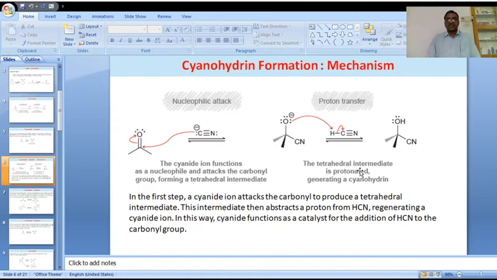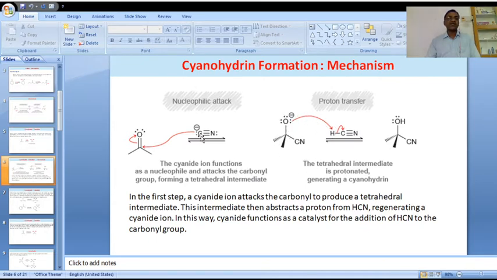Here please observe. In the first step, a cyanide ion attacks the carbonyl carbon to produce a tetrahedral intermediate.